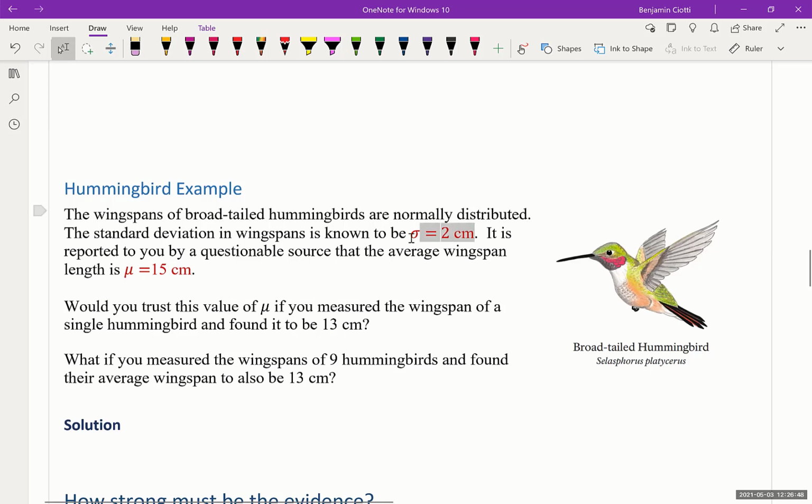But we do know the standard deviation. Never mind how it's a bit strange that you would know the standard deviation and not the mean. We'll address that issue later in the class. For now, just take it to be the case. First question, would you trust this value of the mean wingspan of a hummingbird if you found a hummingbird and you measured its wingspan to be 13 centimeters?